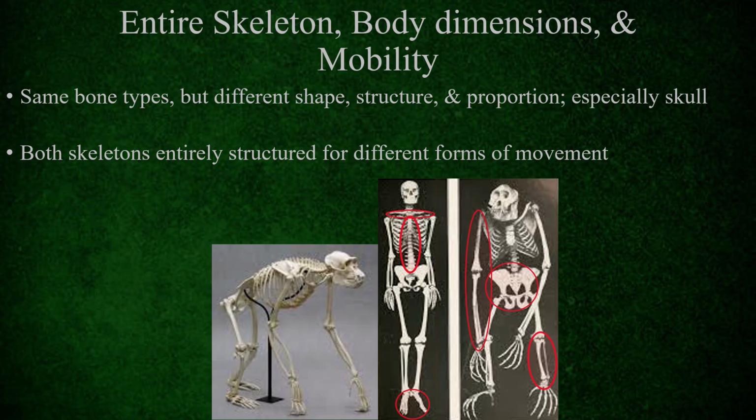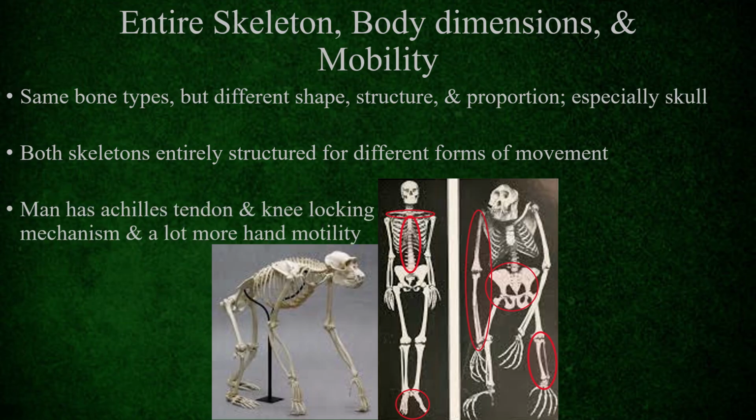These skeletons have to be complete and completely different from each other. And the skeleton isn't the only thing that's different when it comes to our differences in mobility. Also, humans have Achilles tendons and knee locking mechanisms and a lot more hand mobility all around.